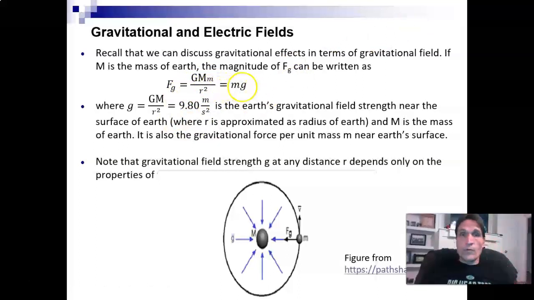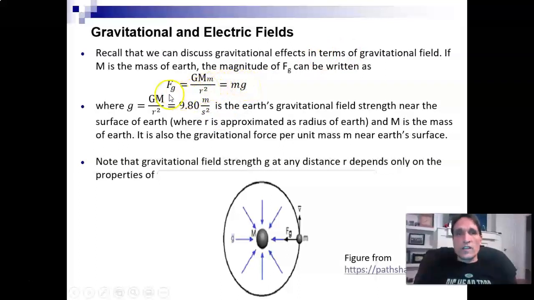You often wrote this in Physics 1 as the gravitational force is little m times little g. Remember, g was 9.8 meters per second squared, the gravitational field strength. So what was this little g?